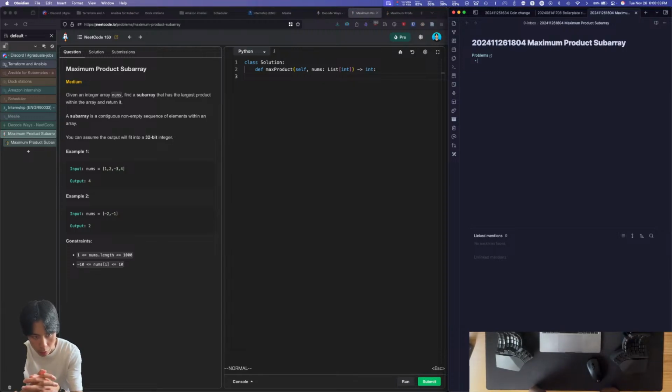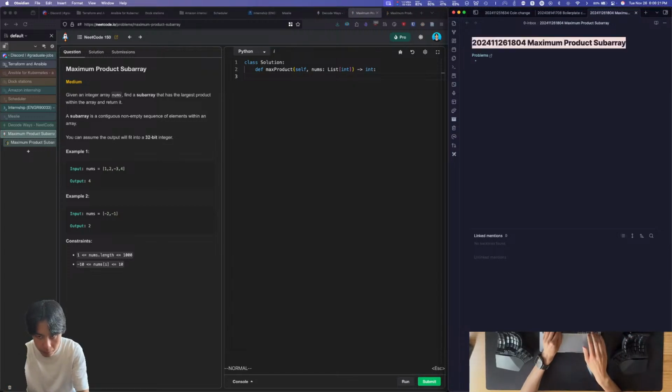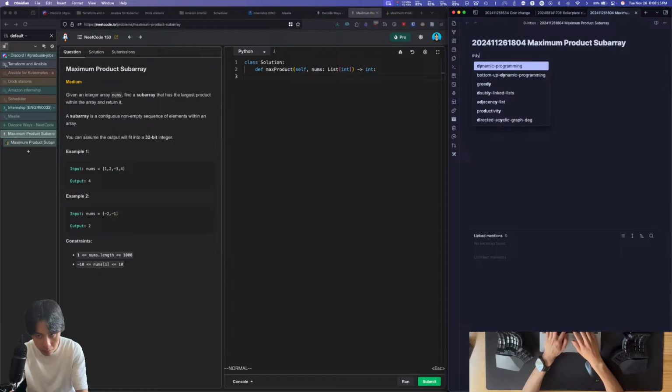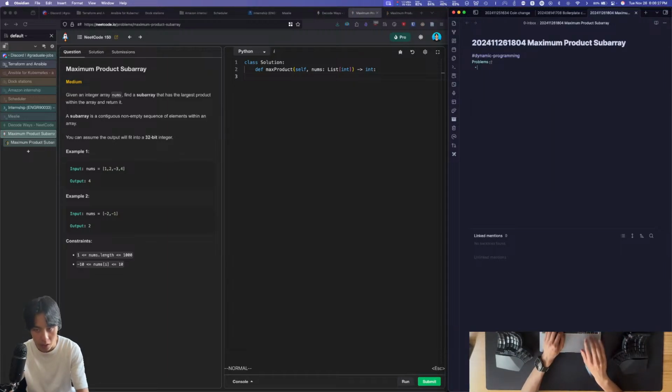1, 2, negative 3, and 4. Interesting. Working with subarrays. Interesting. How can we think about this problem?